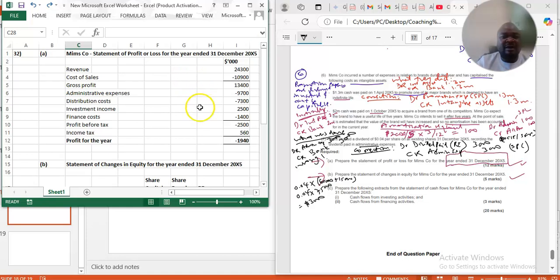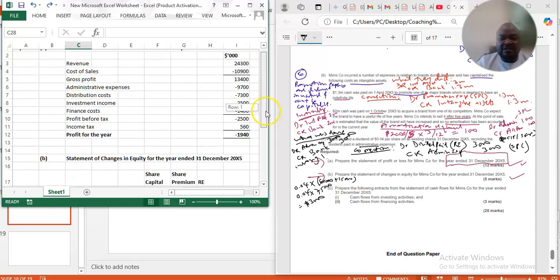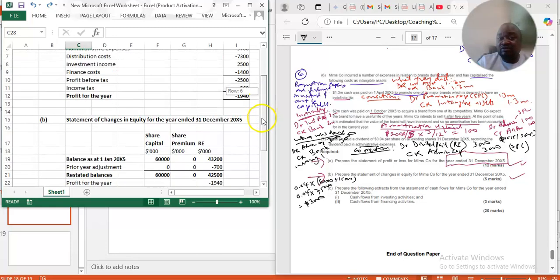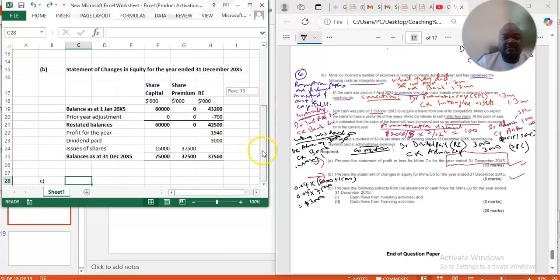And then just to come up with the statement of cash flows, profit or loss, you are entitled to 12 marks. But remember, the 12 marks are not going to come from this statement alone, but also with the workings. If you don't put your workings, you're not going to get as many marks as possible.